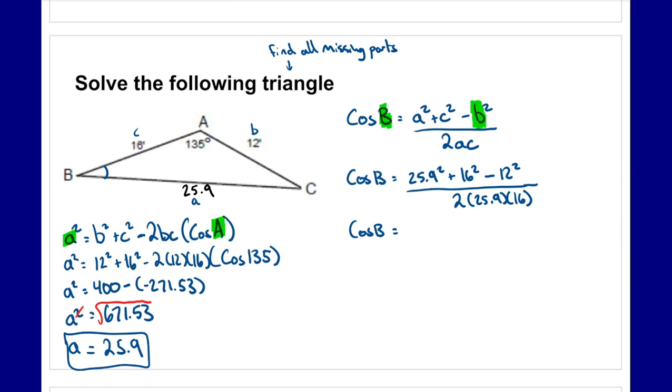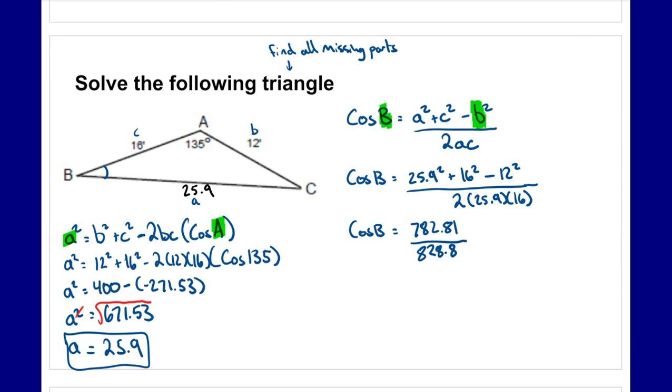I'm going to simplify the top first. 25.9 squared plus 16 squared minus 12 squared, I get 782.81 divided by 2 times 25.9 times 16, which is 828.8.